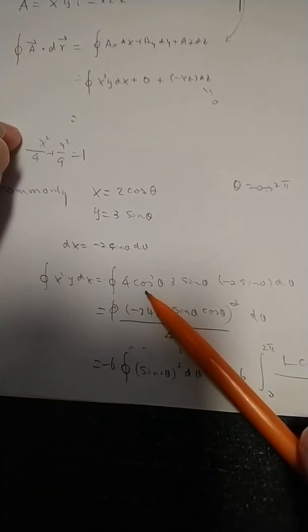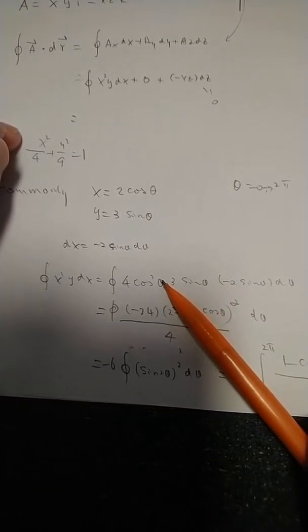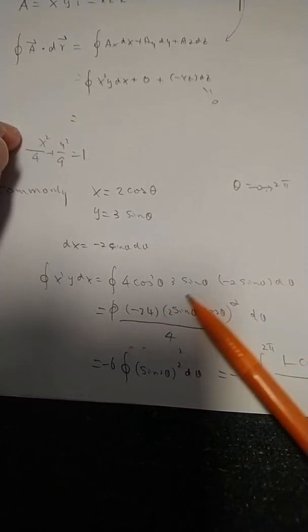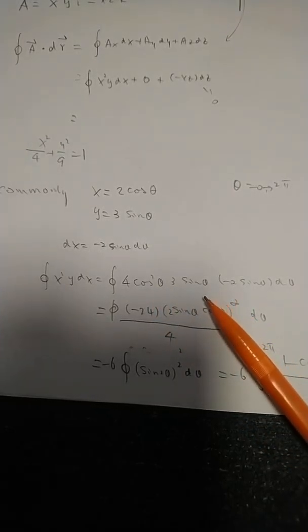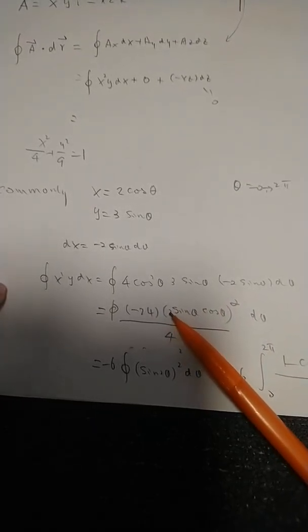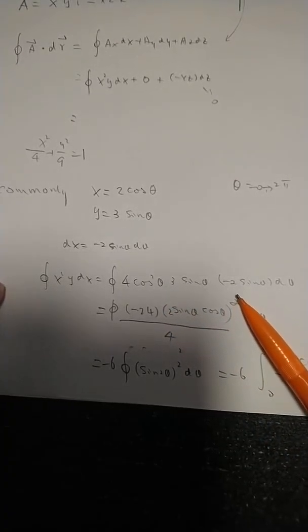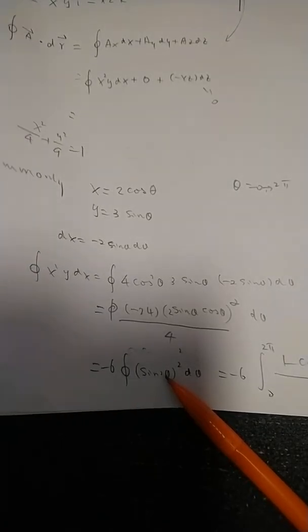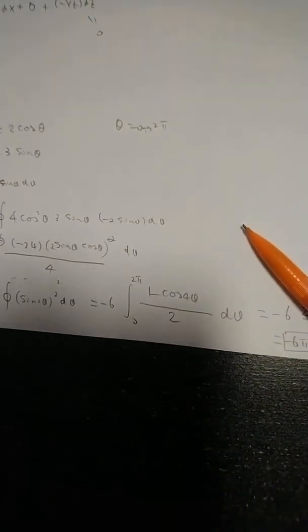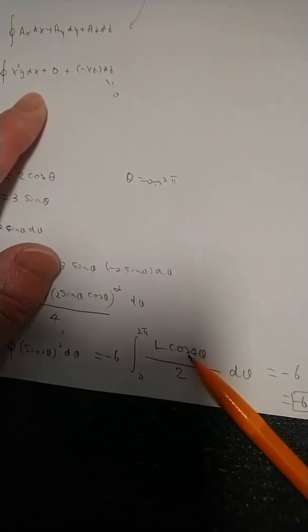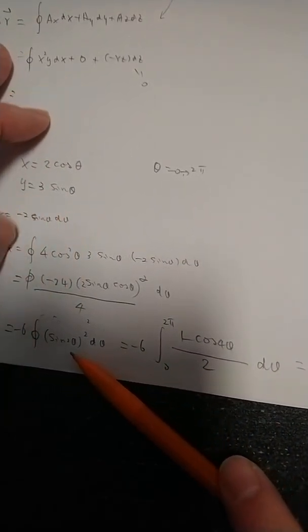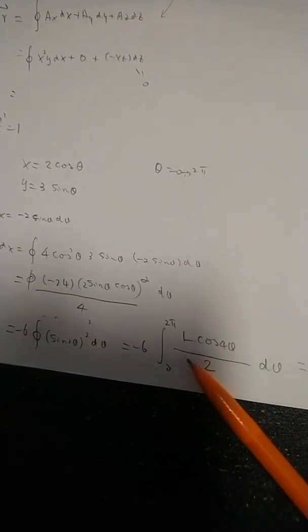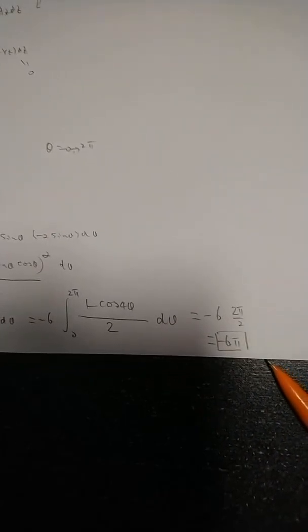Now I'm going to combine these two sines together, the sine squared and the cosine squared. Then it becomes 2 parentheses, 2 sine theta cosine theta, squared, because this will give me sine 2 theta, so this integral becomes much simpler. You can convert to double angles in this fashion. Originally we have 2 theta and it becomes 4 theta, and that's the integral. When you finish the integral, you get negative 6 pi.